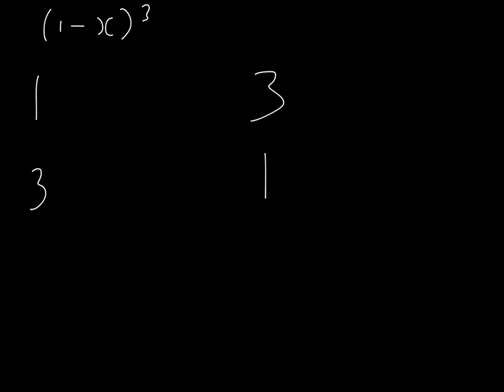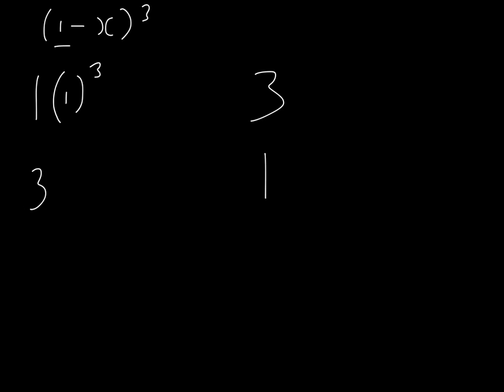So I take the first term in my bracket at the top, so I take the 1 and I times it by the first coefficient, and that is then to the power of 3, because I start with my main power.